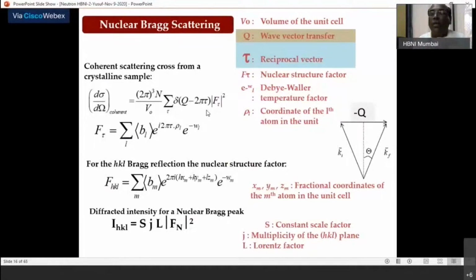So you don't get Bragg peaks at all positions, only when the Q vector, Ki minus Kf, hits your tau vector in the reciprocal lattice space. I will not go into that. If you have any clarity problem, please go back to Kittel and get your doubts clarified. So this is the simple diffraction condition, nothing else.